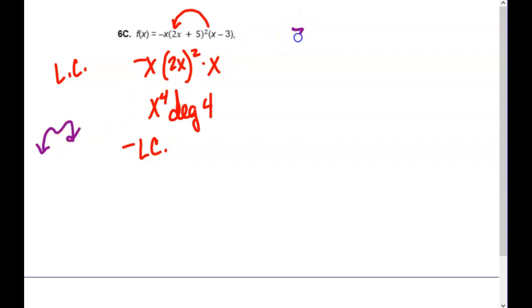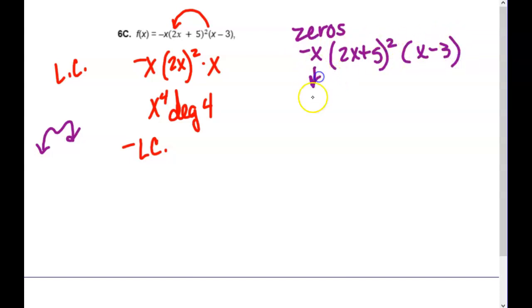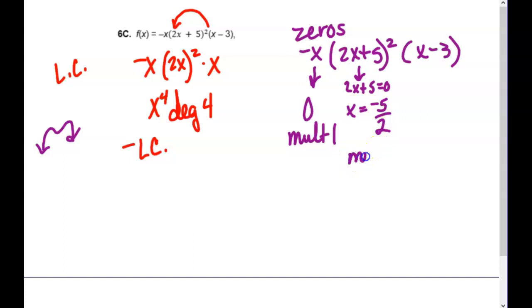All right, where are the zeros? We have a negative x, a 2x plus 5, and an x minus 3. So this one has a 0 at 0. Multiplicity 1. What about that guy? Can you set that equal to 0 and solve in your head yet? Negative 5 halves. Multiplicity what though? 2.